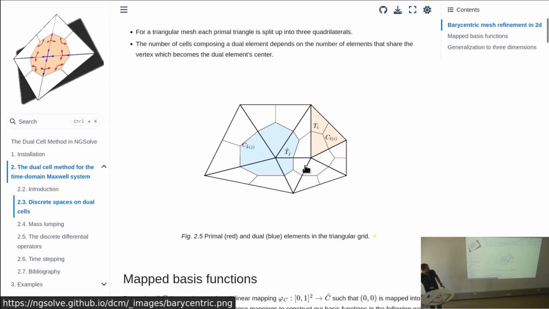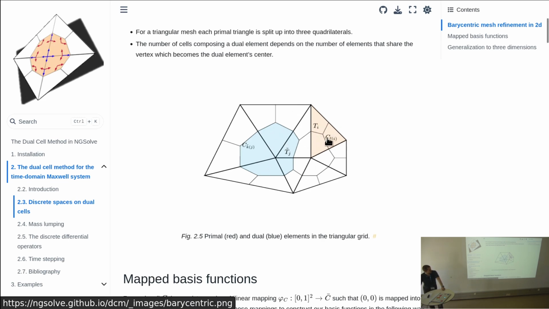So instead of starting with a hexahedral mesh, we start with a mesh consisting of triangles here. And then to generate the dual mesh, we do barycentric mesh refinement. So we take the barycenter of each triangle and connect it to the midpoints of the sides of the triangle. And then we connect each of those.